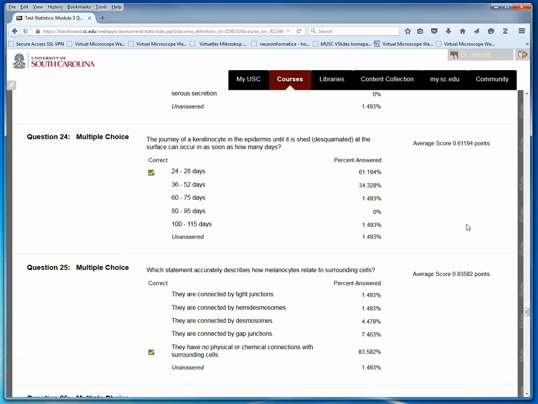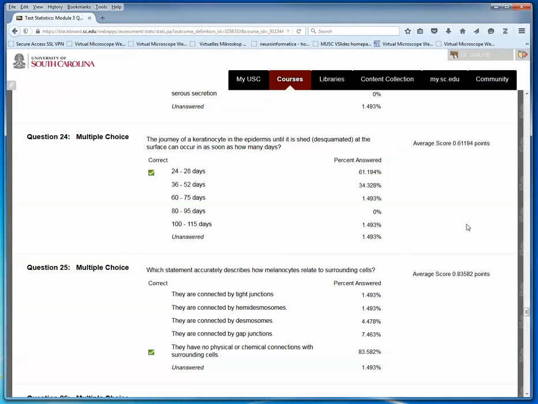Now this one, I think there was a post on the discussion board. The journey of a keratinocyte in the epidermis until it is shed at the surface can occur in as soon as how many days? I think in the lecture we said 4 to 6 weeks. 4 weeks is 28 days.